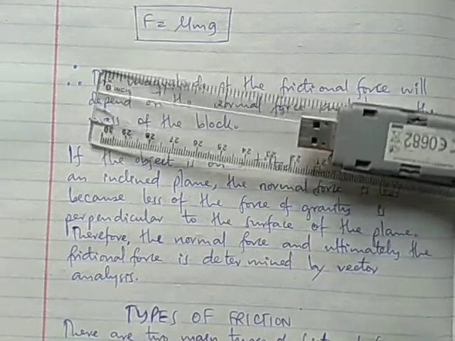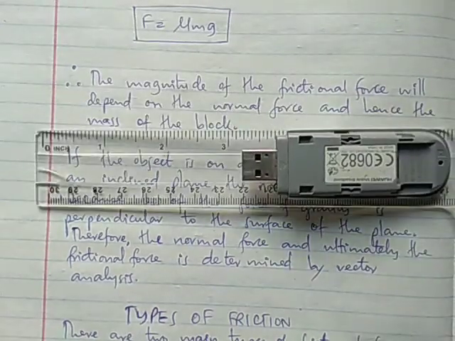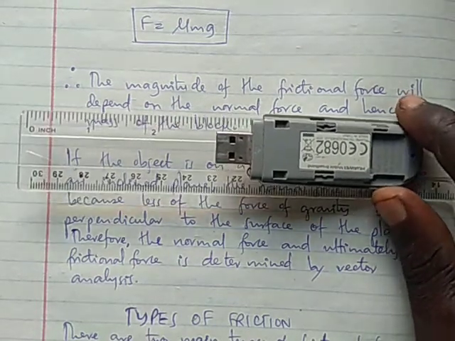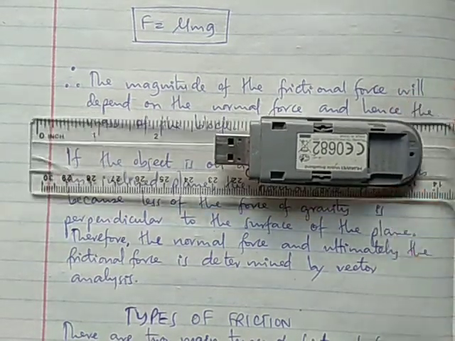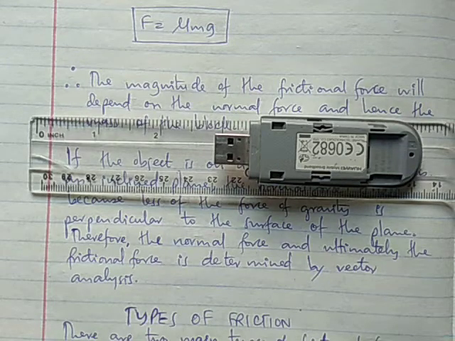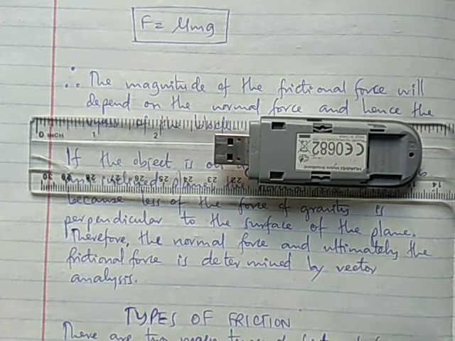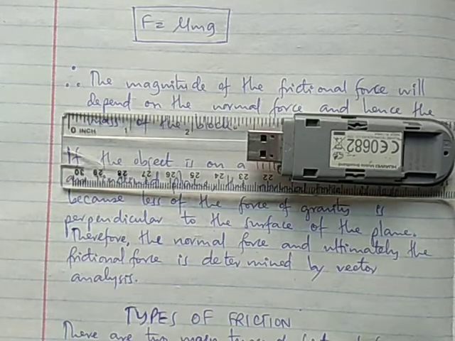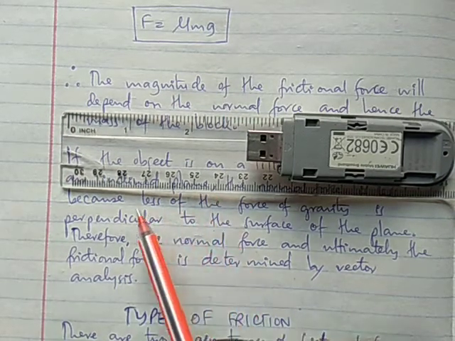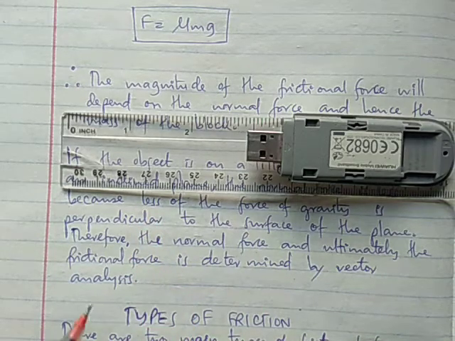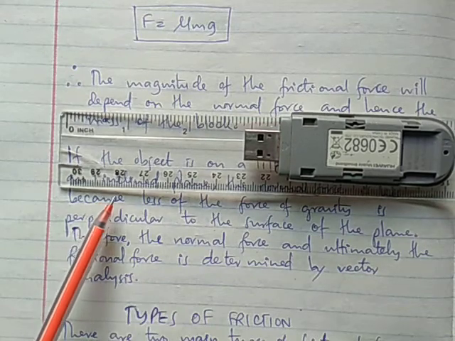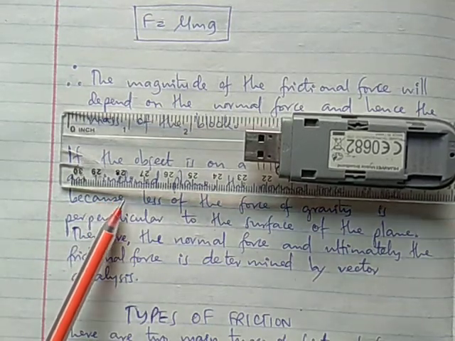Now let's say my ruler, I take as an example as my inclined plane, and I have the body which is my modem, which I put on the inclined plane. Look at this case. If I start lifting the ruler, that means now the angle between ruler and the horizontal is 0. But if I start lifting this ruler, the angle between ruler and the horizontal starts to increase.